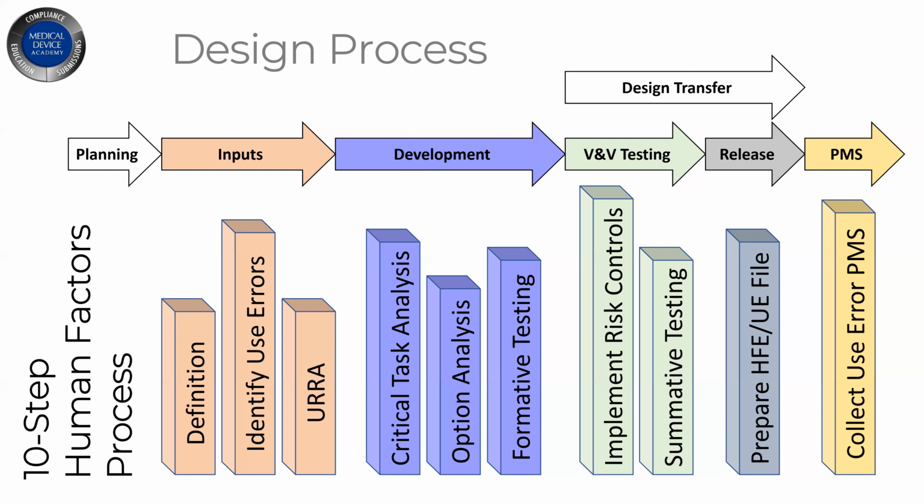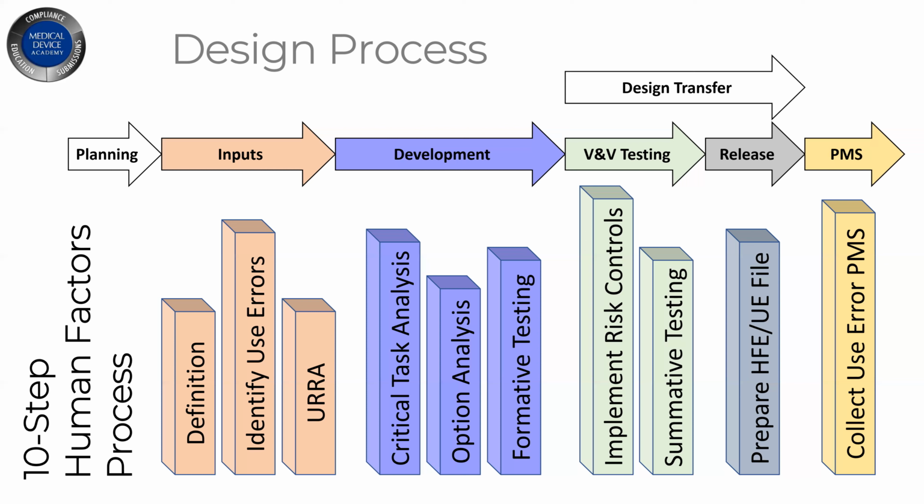Normally it's through the complaint handling process, but a better method is to be proactive and actually have a plan and questions going out to users. You also want to gather other types of post-market surveillance data, and you want to make sure you review your URRA. Does it need to be updated? And do you need to update your IFU as well?